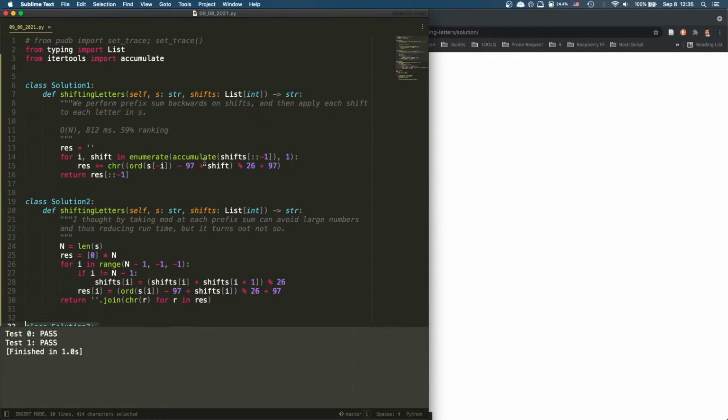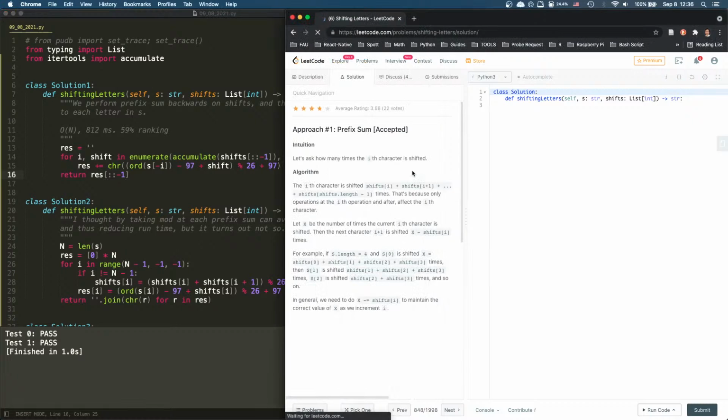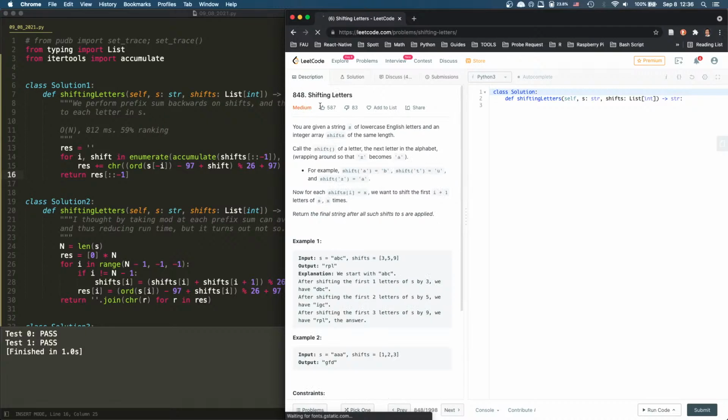So string manipulation is the fastest, and this one is O(N), and then I don't know. Prefix sum. Okay, I think this is the same as my idea. All right, hold on. Wow. 848.